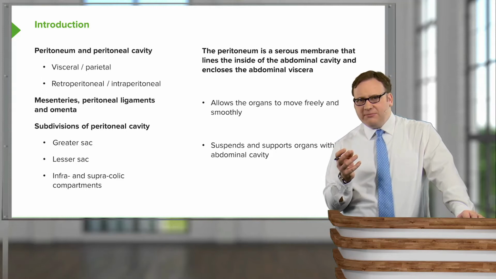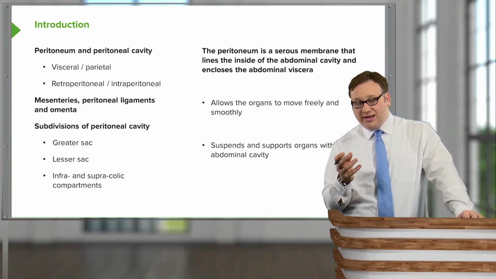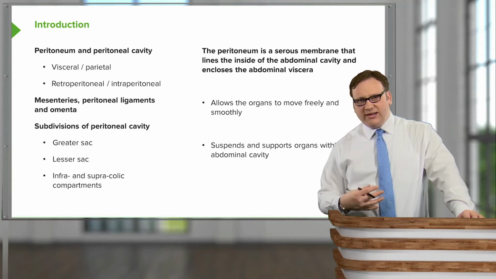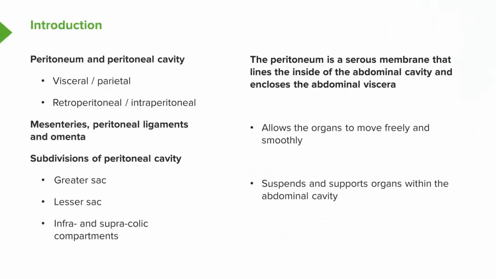If this peritoneum didn't exist, then what's to stop the stomach just falling down into the pelvis? The fact that the stomach is suspended via the lesser omentum, we'll come to know, from the liver, and it holds it to the spleen, and obviously it's anchored to the esophagus and the diaphragm, gives all of these organs their position within the abdominal cavity. And that's what we're going to look at today.